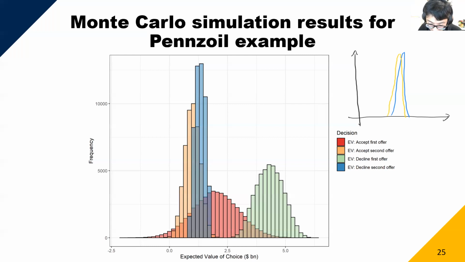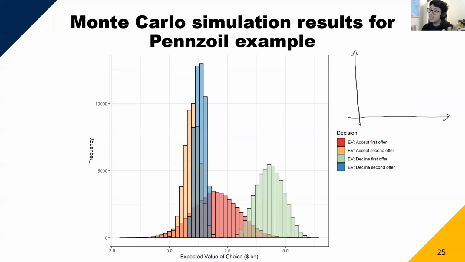What I will say is that, yeah, that's right. As being pointed out in the chat, blue has the higher frequency for higher EV, which is right. What you see is the distribution shifted more to the right.